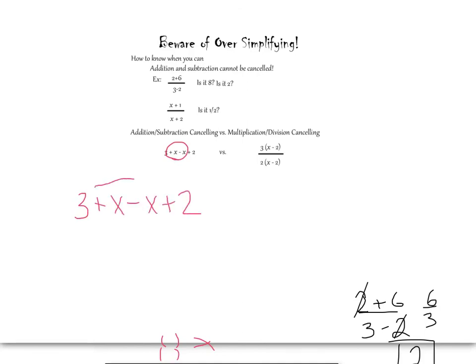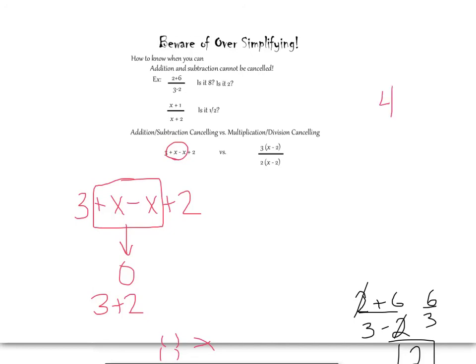When you have a positive and a negative x, the kind of canceling that you're doing, you're turning that into a 0. So that all you have left is that 3 plus 2. When you do multiplication or division canceling, you are thinking about ones, not zeros.